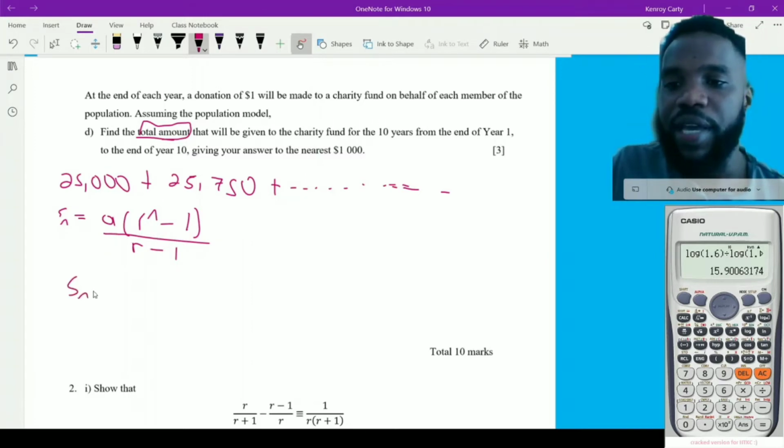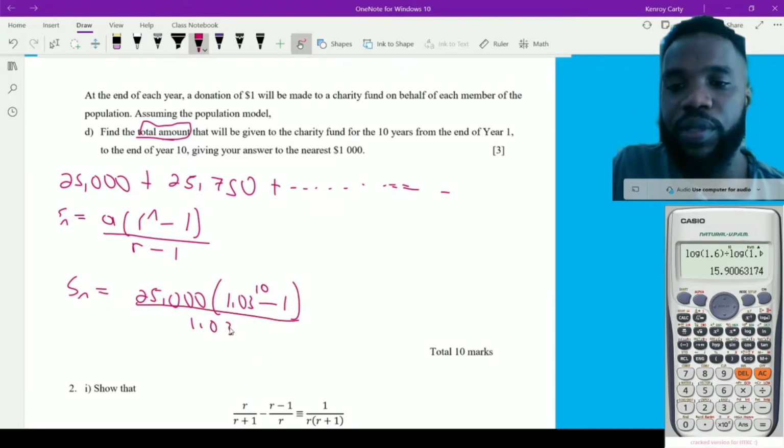Okay, so I'm going to have Sn equal a, which is the first term, that's going to be 25,000, r is 1.03, n which is 10, minus 1, over 1.03 minus 1.